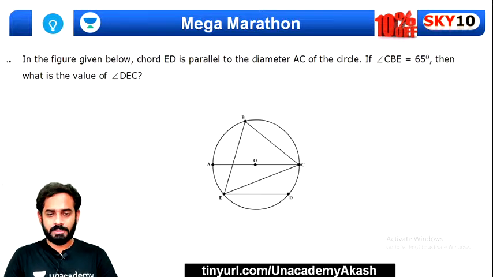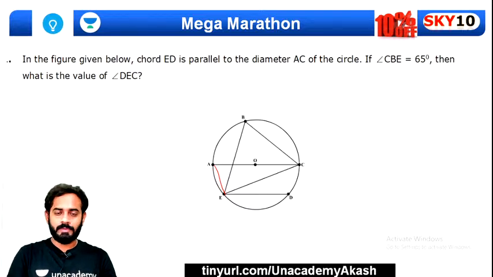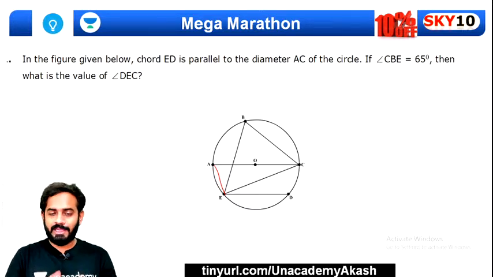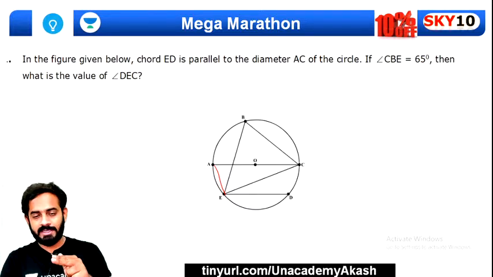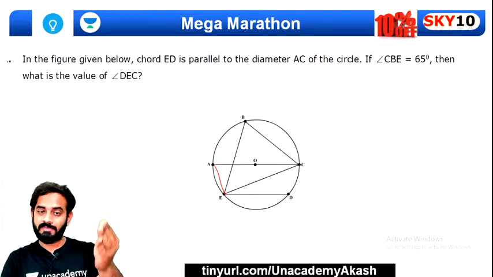Okay, so let's say this is the chord. We have joined A and E. So from here, what concept will we have to use? Remember, the angle subtended by any chord on the circumference in the same segment is always equal. Angles subtended by EC in the same segment are equal.